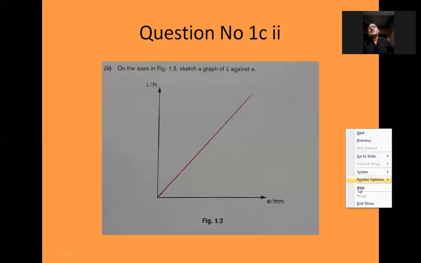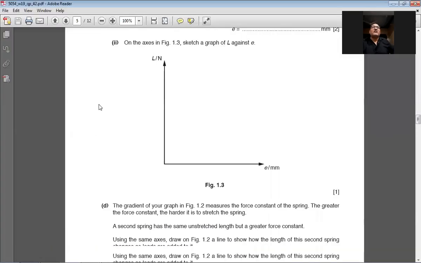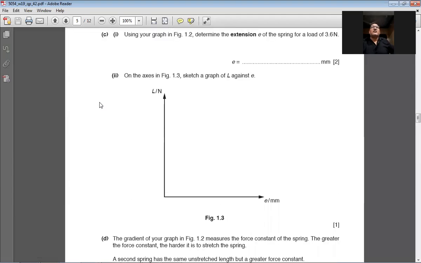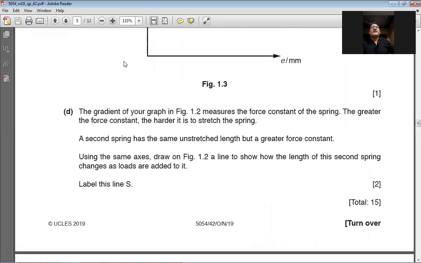So let's go to the next question. What is the next one? That was a 1 mark question. Here he said that the gradient of your graph in figure 1.2 measures the force constant of the spring. The greater the force constant, the harder it is to stretch the spring.